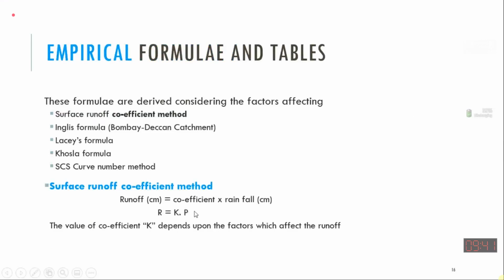I hope you understand now that runoff, especially surface runoff, is the result of a precipitation event. Although the total runoff is the result of the precipitation event plus base flows plus interflows.